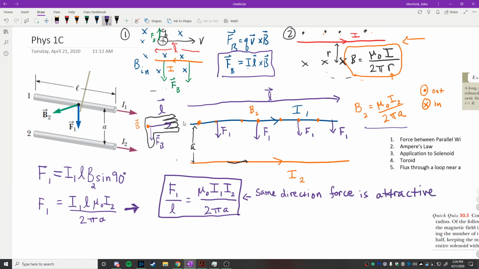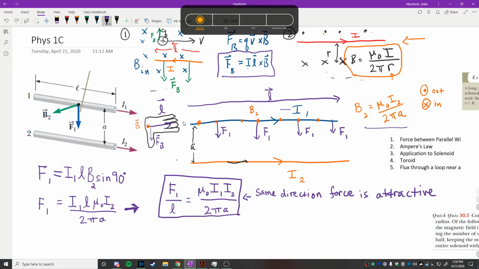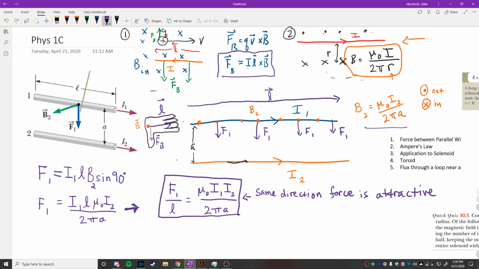And then you can probably figure out pretty quickly that if you change the direction of the current so it was flowing in the opposite direction, what would happen to the force here? If the current goes the opposite direction, what happens to the force?